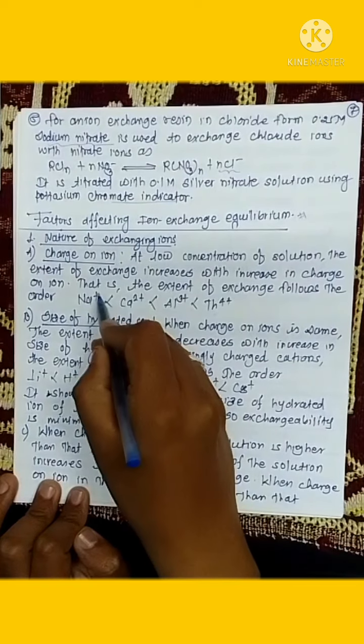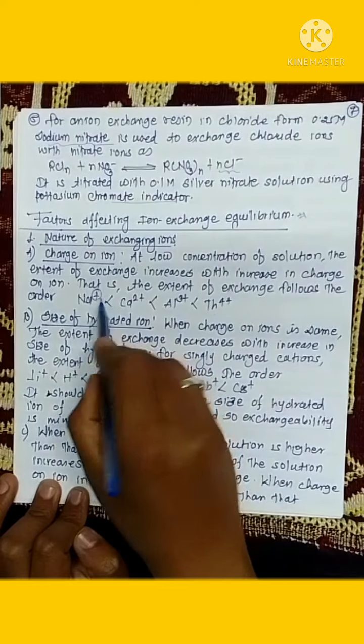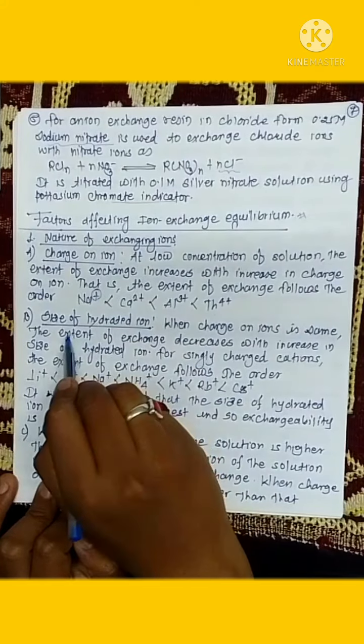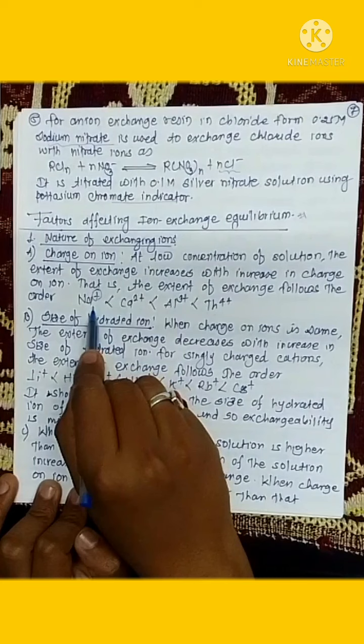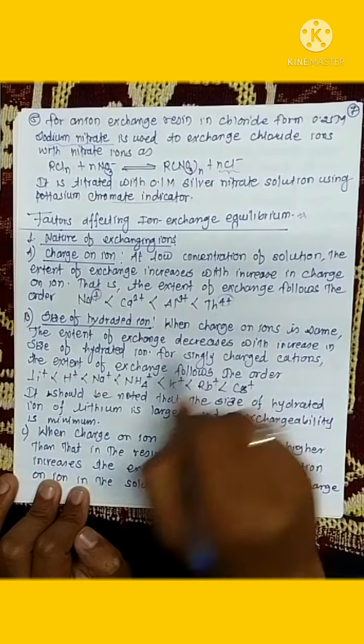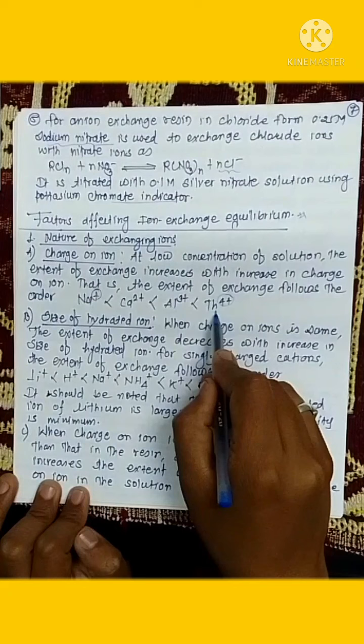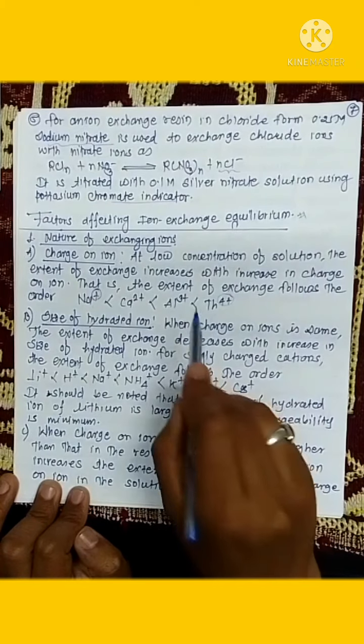So in this case we see that ions having less charge have less ion exchange power. As the charge on the ion increases, the exchange capacity of that ion also increases.